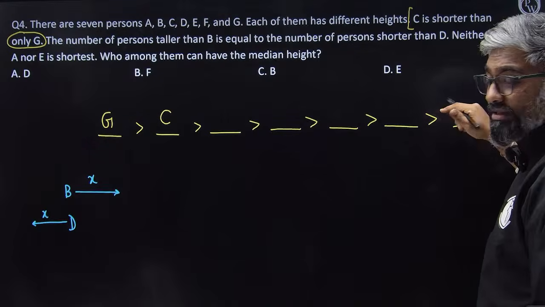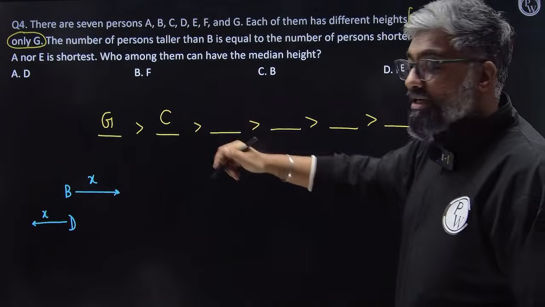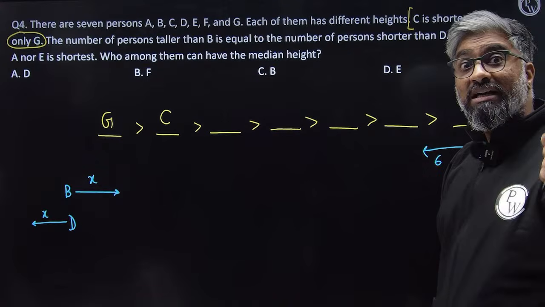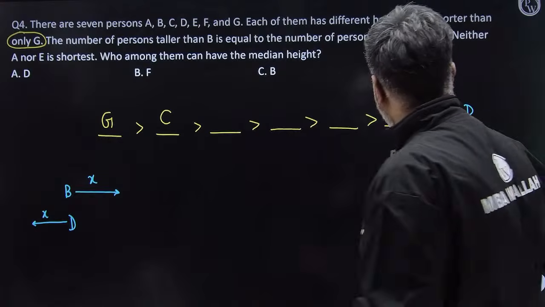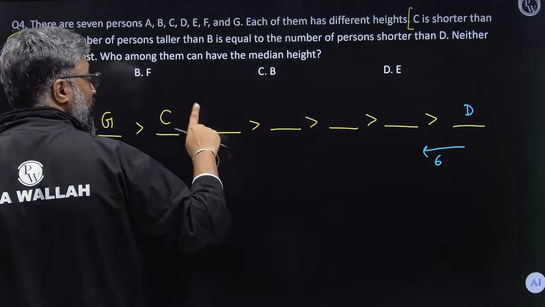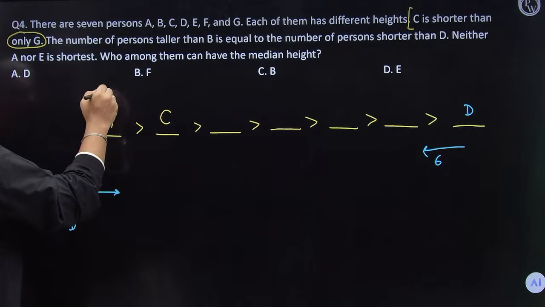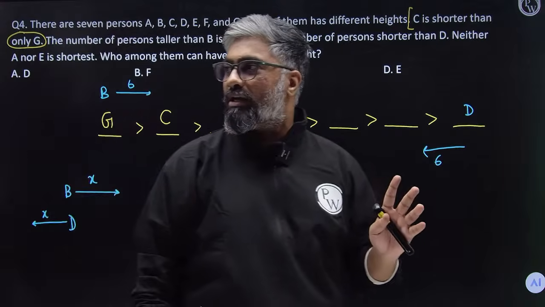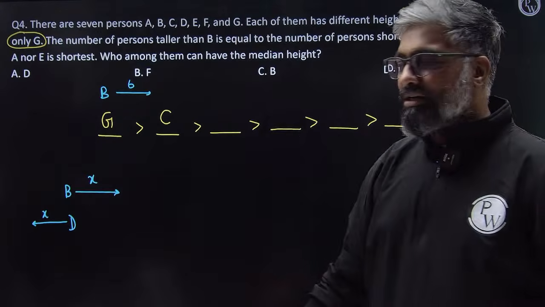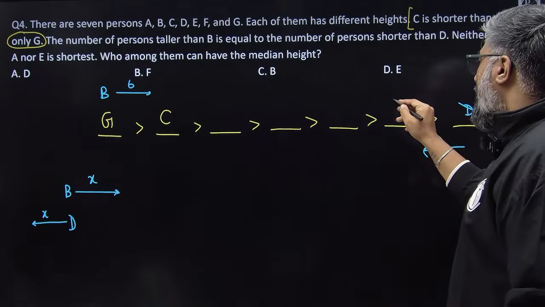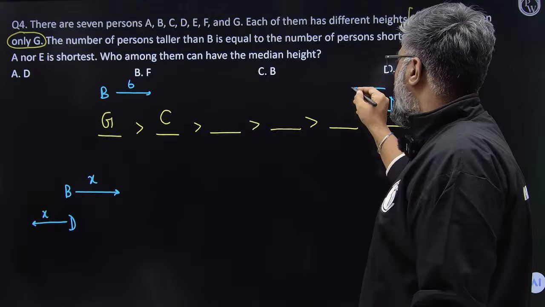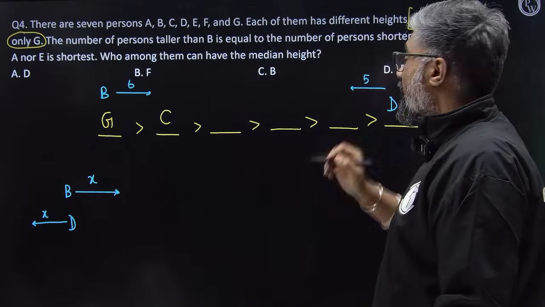If D is here, there are 6 people to the left of D. That means I should have 6 people to the right of B also. 1, 2, 3, 4, 5, 6 people. That means B will come here. Only then I will have 6 people to the right of B. Is it possible for D to come? Definitely not. D can't be here. Can D be here? If D is here, what will happen? How many people are left of D? 5 people are left of D.